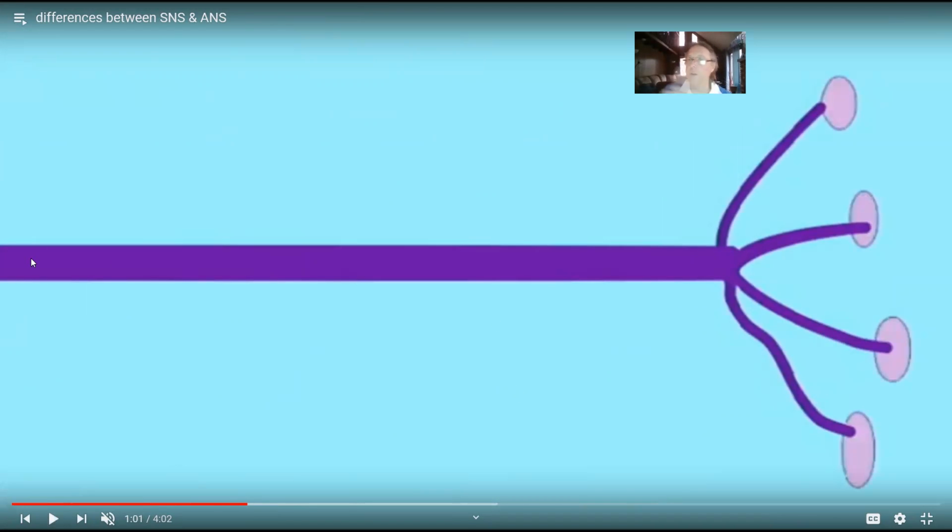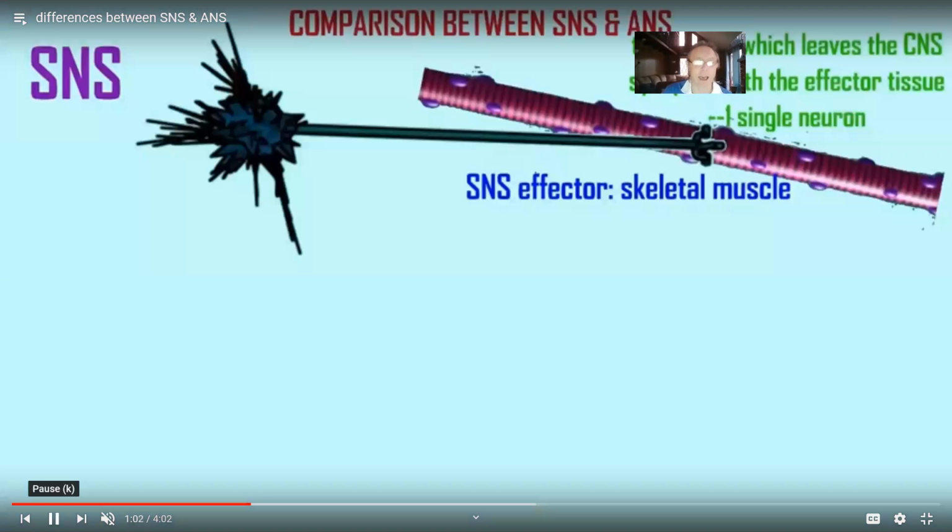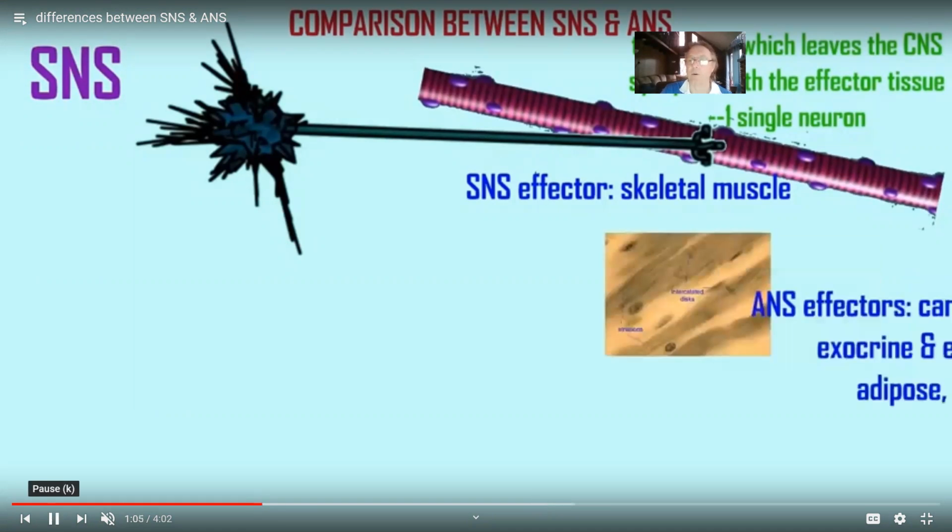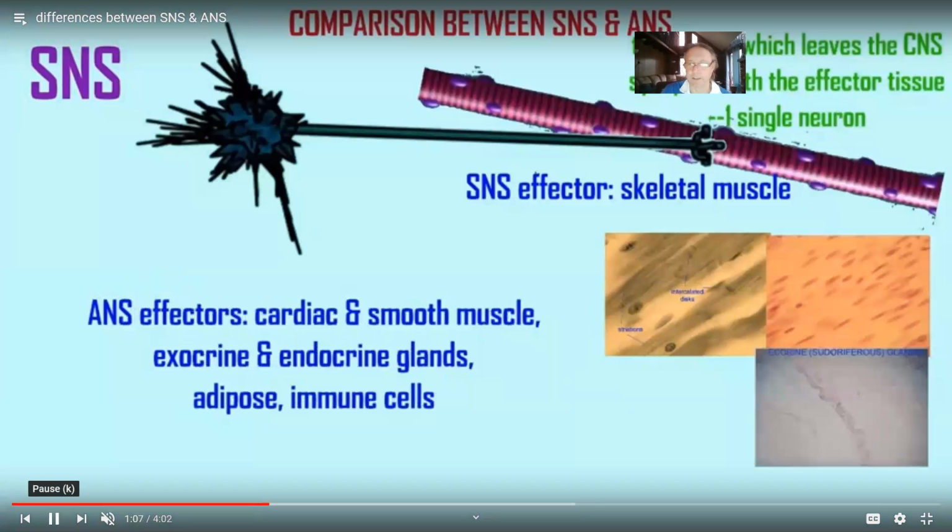So this one neuron left the central nervous system. Its soma and dendrites were in the central nervous system, and yet it arrives to touch the skeletal muscle. In the autonomic nervous system, that is not how it is structured.